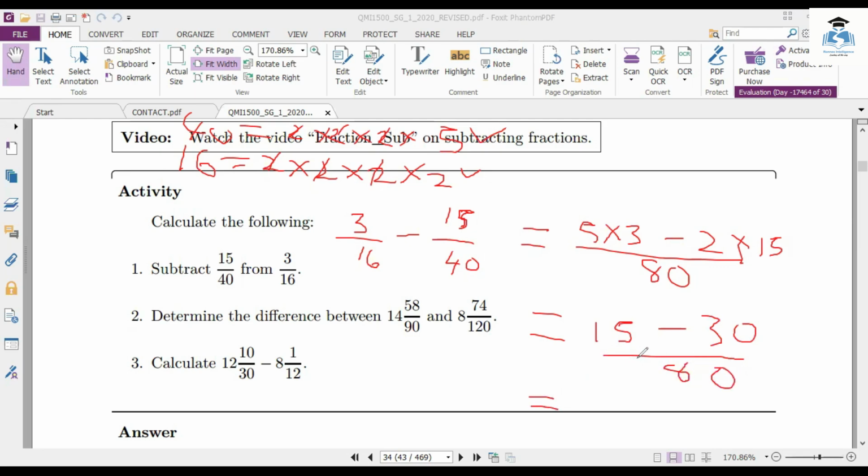So 15 minus 30, that's minus 15 over 80. You can reduce this one. So your final answer will be minus 3 over 16. So that's what you do.